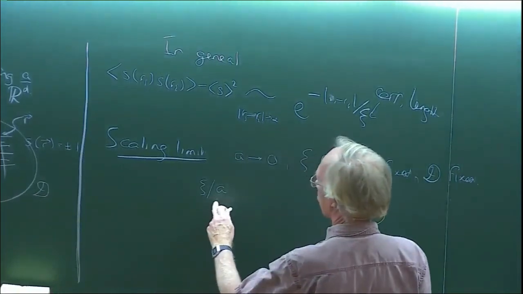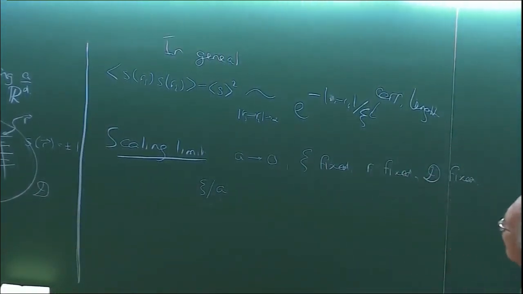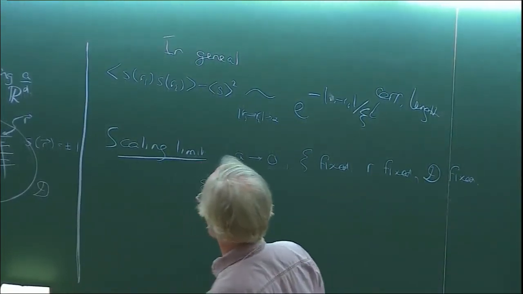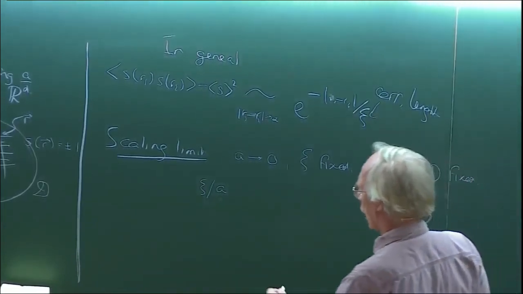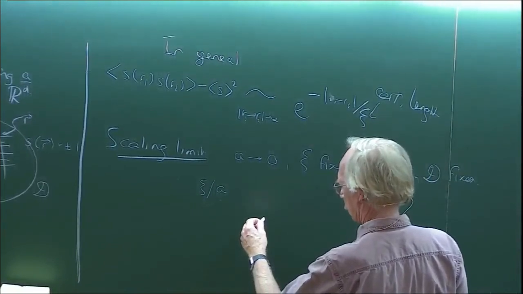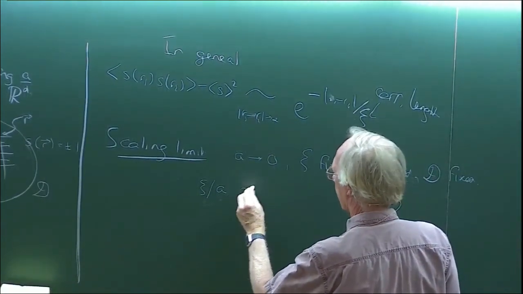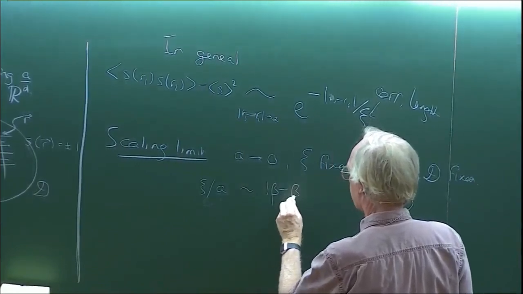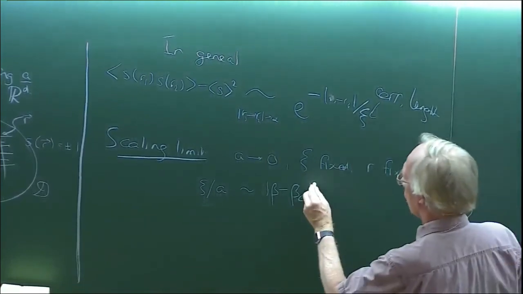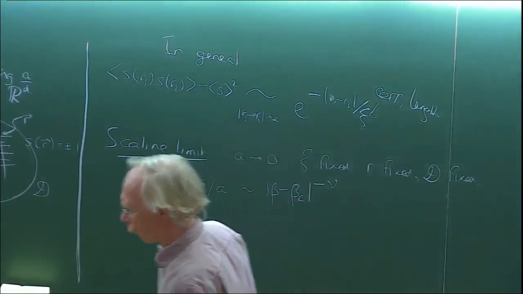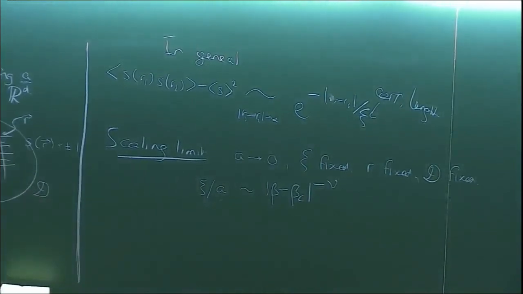So in general, this thing is of order 1, but the model has a critical point, and when we go close to the critical point, the correlation length as measured in units of the lattice spacing diverges. In fact, it goes like beta minus whatever the critical value of beta is to the minus nu, where nu is a critical exponent.